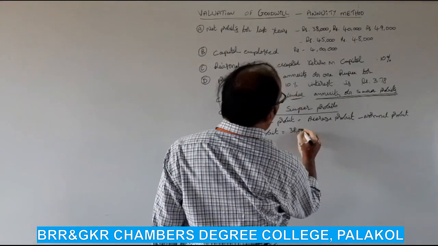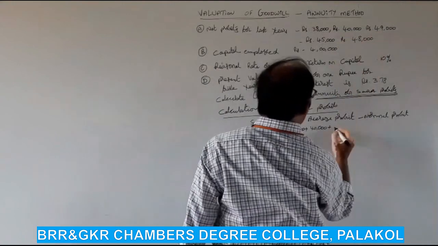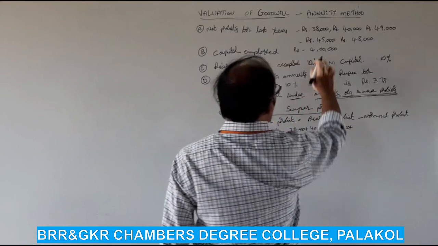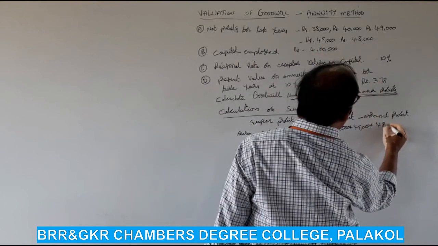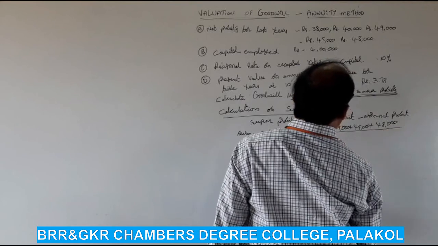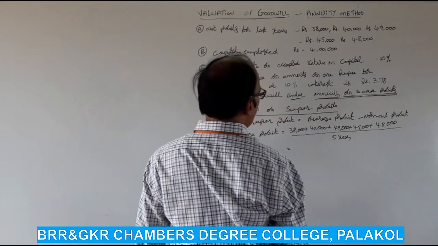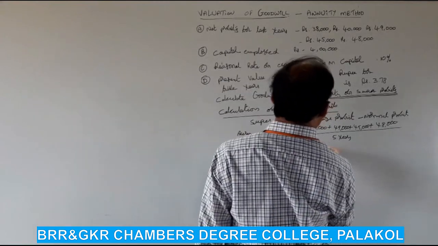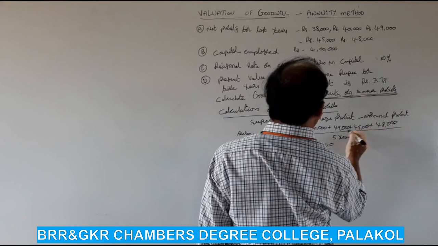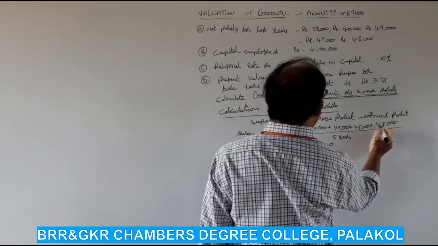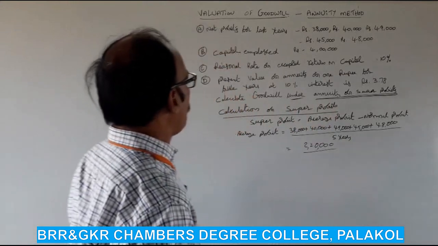That's why 38,000 first year profit, second year profit 40,000, third year profit 49,000, fourth year profit 45,000, fifth year profit 48,000, by number of years 1, 2, 3, 4, 5 years. 5 years. So the total of profits is 2,20,000.